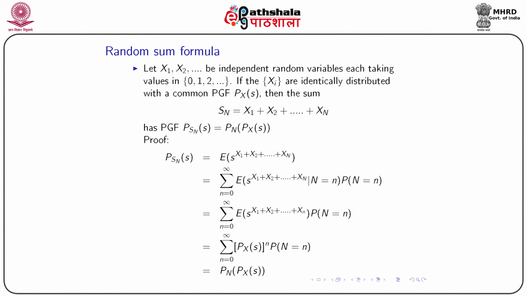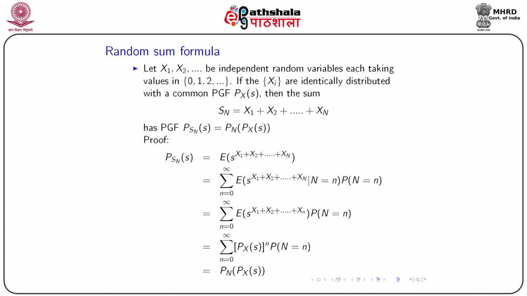Now we consider another interesting result. Suppose the sum is itself random. That means how many random variables will be included in the sum is also a random number. So now I have X1, X2, X3 and so on, independent random variables, each taking values 0, 1, 2 and so on.